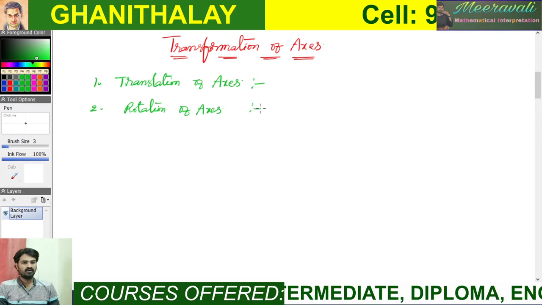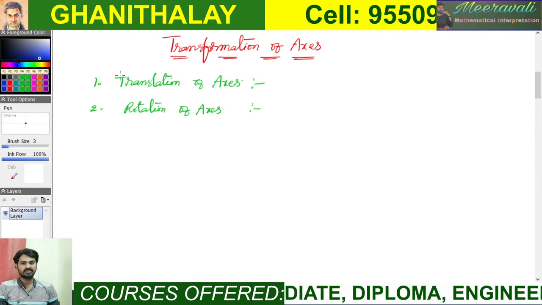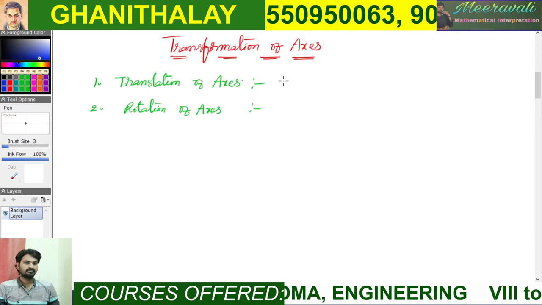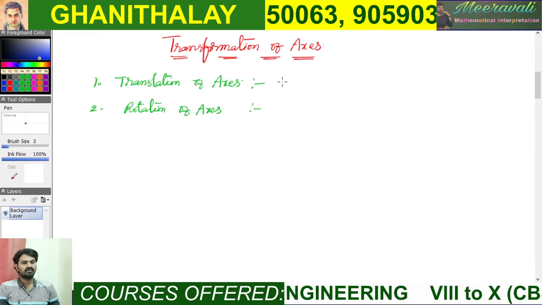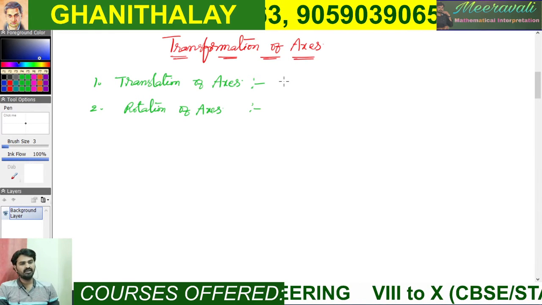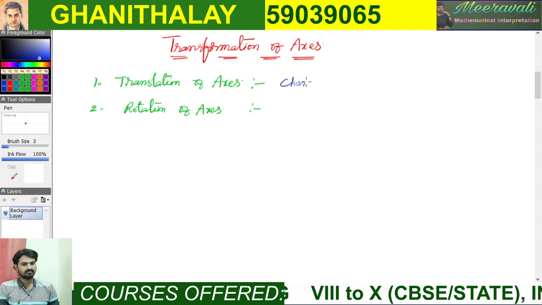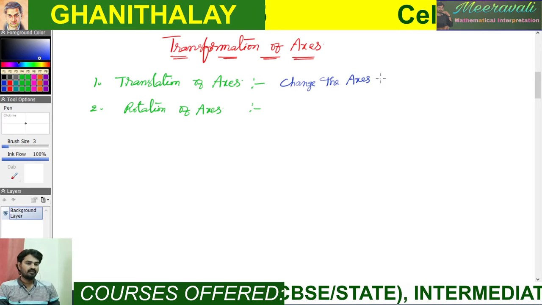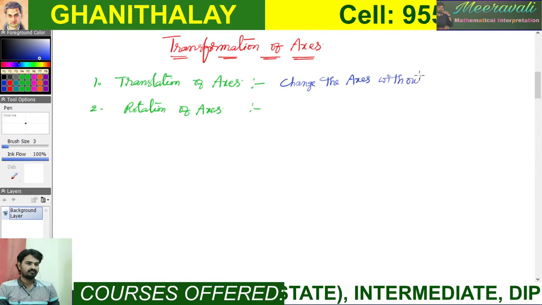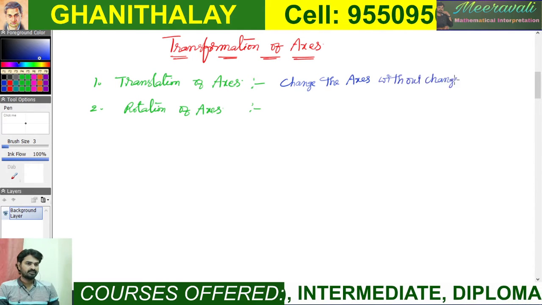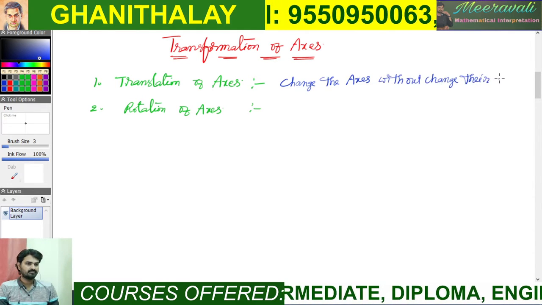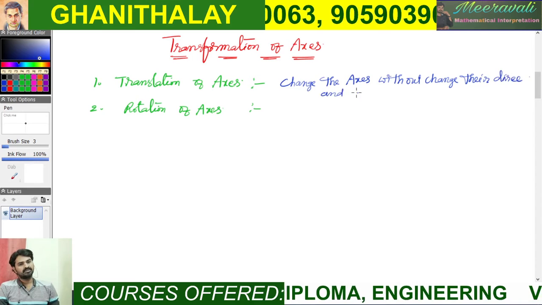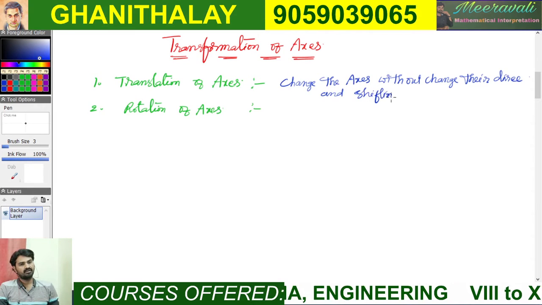The translation of axis is a transformation of axis that is obtained by changing the origin without changing the direction of the axes. We can change the axes without changing their direction, by shifting the origin to another point.